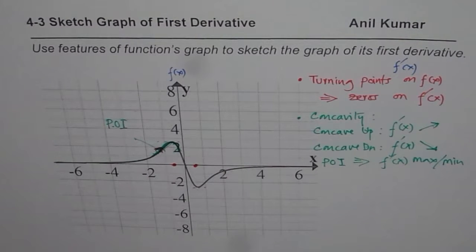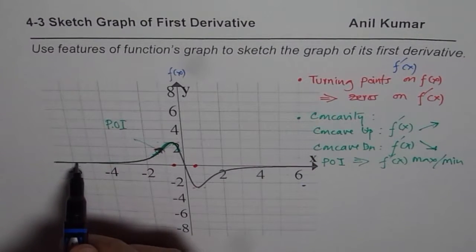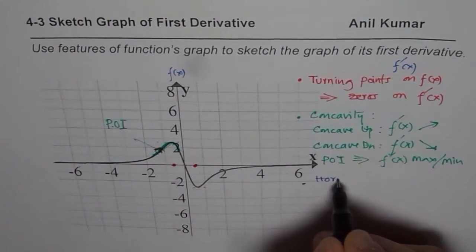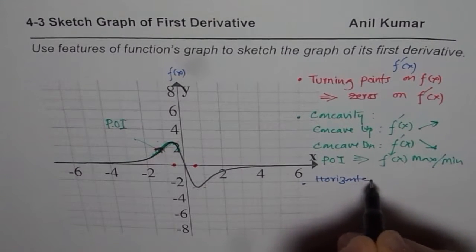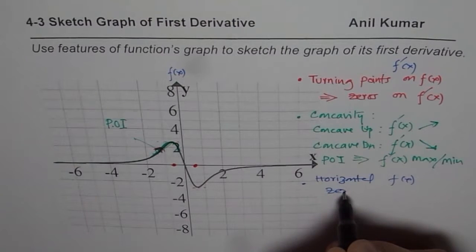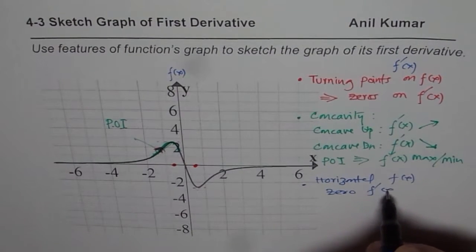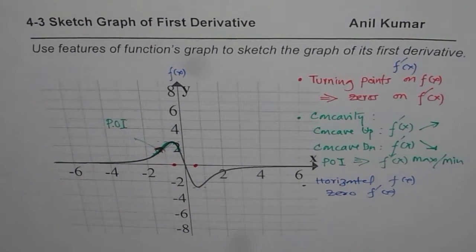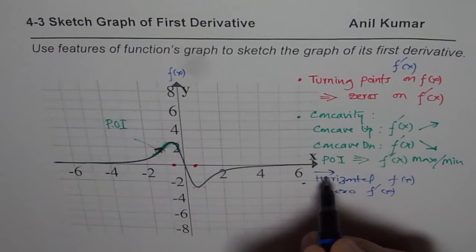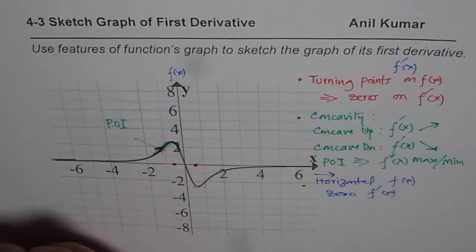And now the third and foremost is very simple, that if we have a flat portion, like a horizontal line, right? A horizontal f of x results in 0 derivative. For a constant the derivative is 0. So what we are saying here is that it approaches horizontal, so our derivative also approaches 0 here.